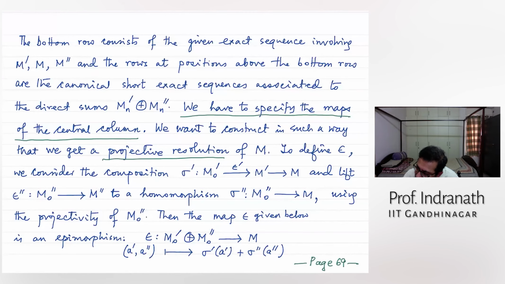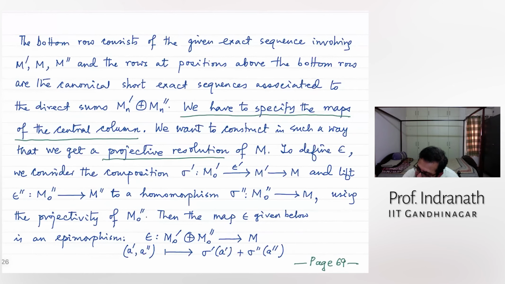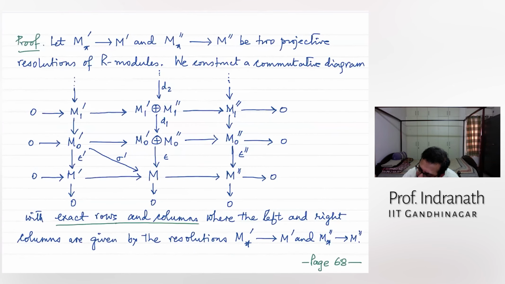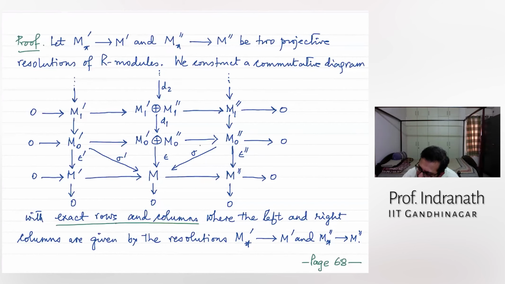Let me indicate that also. So m0 double dash to m is here. So also here there is an option of choosing, right? Yes, but that should not be a problem. That problem is being avoided by this.